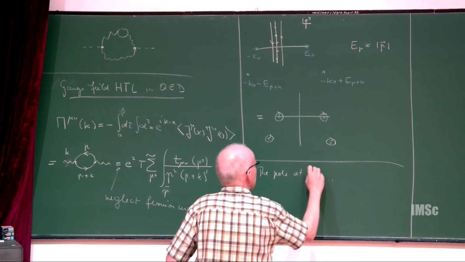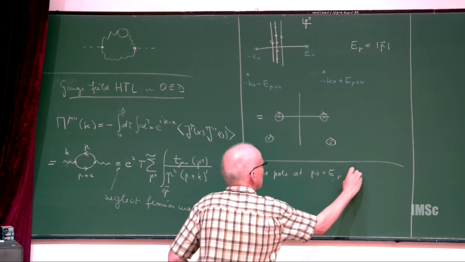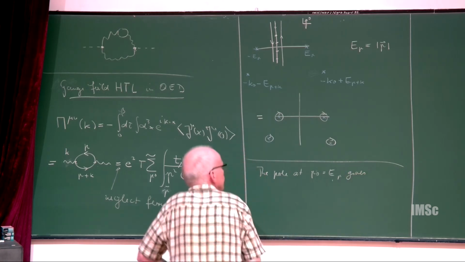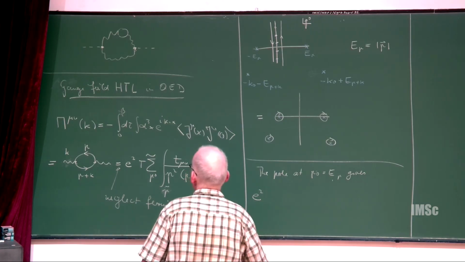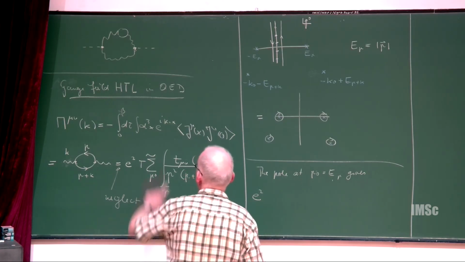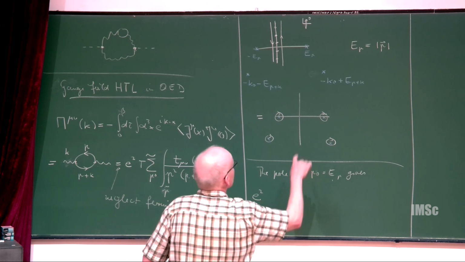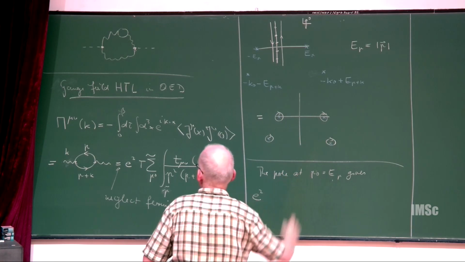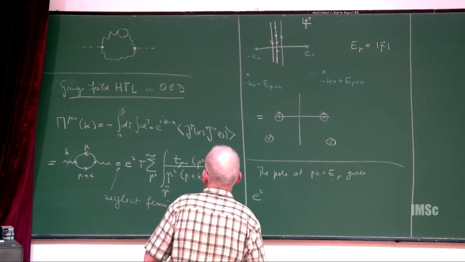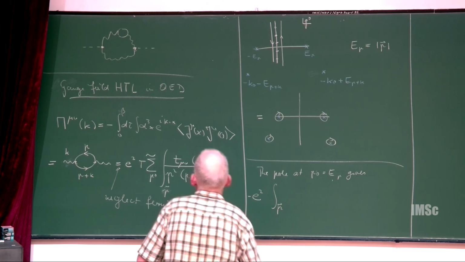The pole at p naught equals E_p gives the following expression. We have the e squared, and this became the integral, and that goes clockwise. This gives us a minus sign, so we have minus e squared, and then the integral over the momentum.